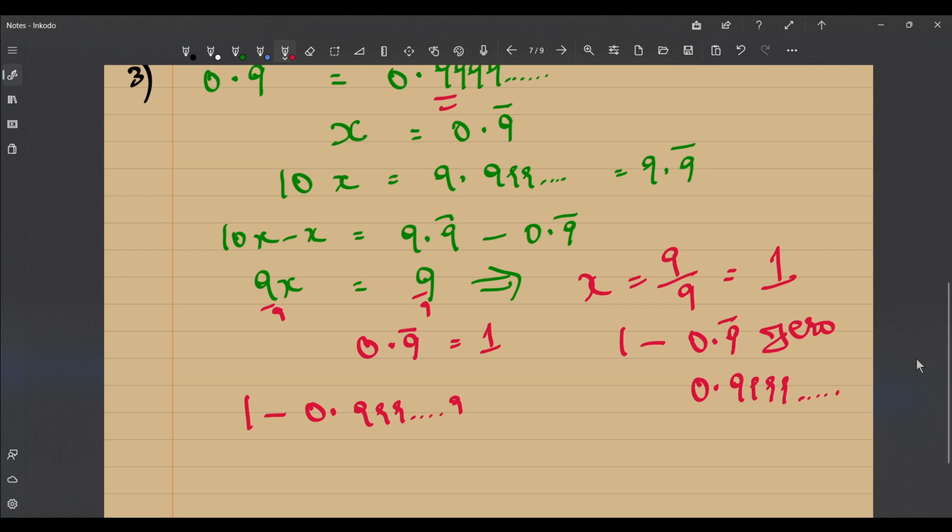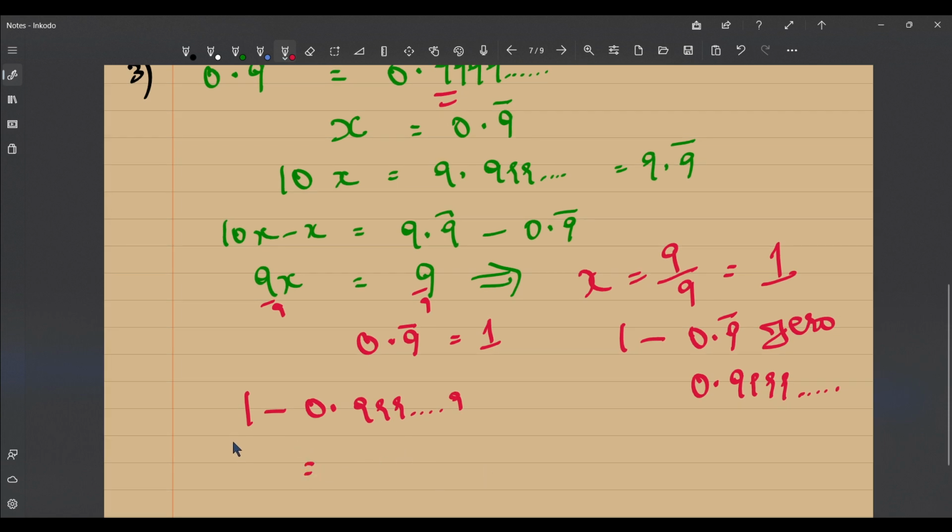What would be the difference? What is 1 minus 0.99999? It would be equal to 0.0000 and so on. As many 9s as there are, you should put as many zeros and then a 1. So this would be the difference if the 999 was finite.